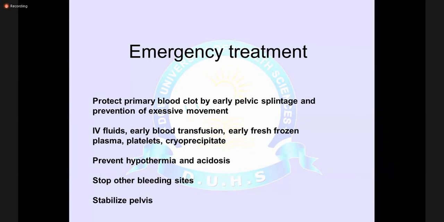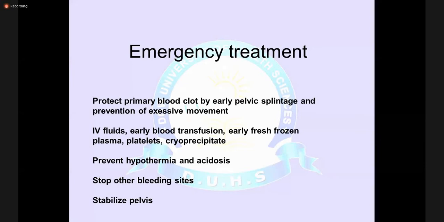So to prevent the dislodging of the hematoma, to protect the primary blood clot in the pelvis, it is very necessary to splint it. The pelvic binder we apply, in the coming slide I will show.